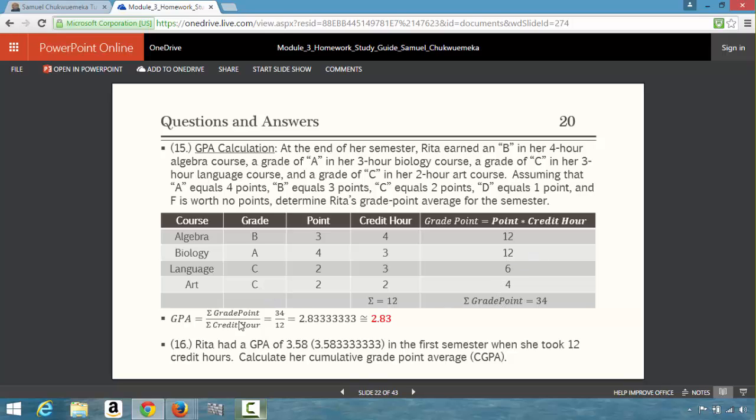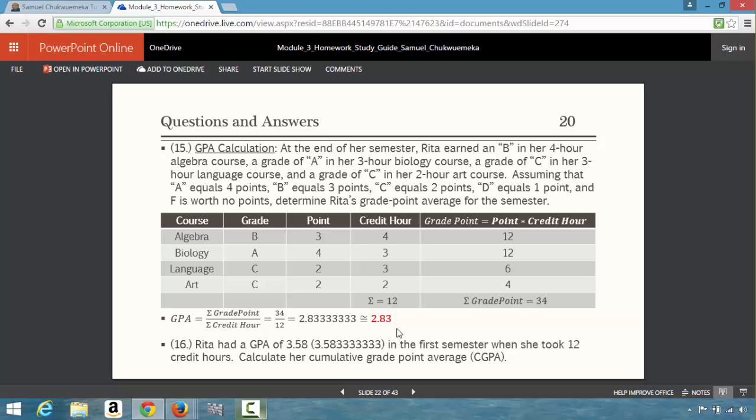So the GPA for that semester will be sigma grade point over sigma credit hours. You sum up the grade points over the credit hours, not the points now, but the credit hours. When you sum it up, you have 34 divided 12. So her GPA for that second semester is 2.83.